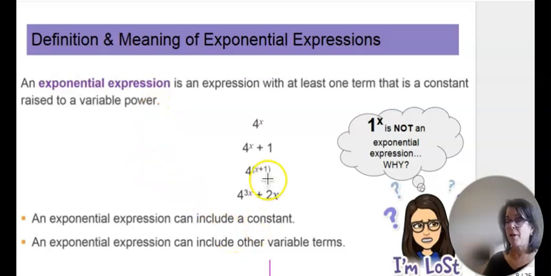So there can be a term that is just a number. There can be other variable terms. For instance, this last one has an x being multiplied to the 2. But if the expression has an x in the exponent, like each of these, even if something else is happening to it, we call it an exponential expression.